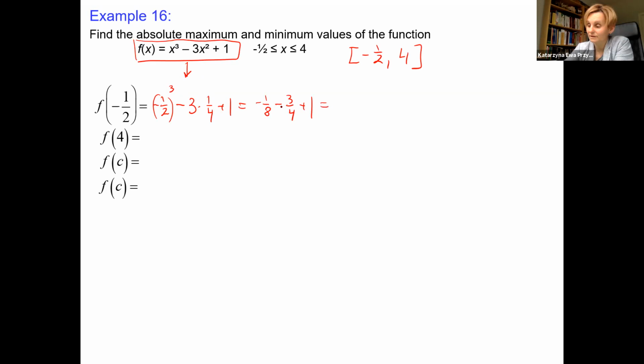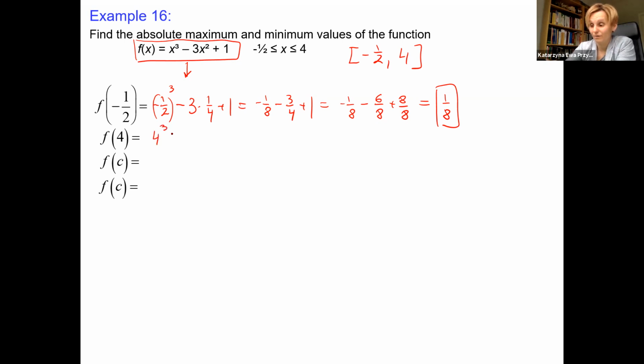So -1/8 minus 6/8 plus 8/8. Am I doing right with my fractions? It is 1/8. Please tell me if I am right, because I could make some arithmetic mistakes.